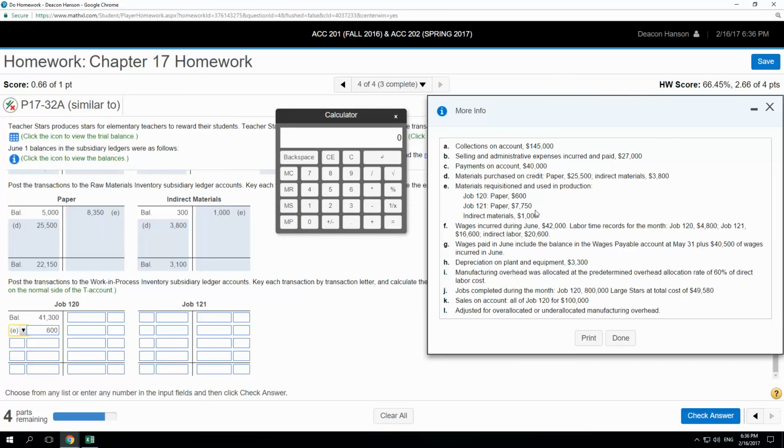And job 121 gets 7,750. Now they got direct labor happening in item F, so it says job 120 got 4,800 of direct labor, and job 121 got 16,600.